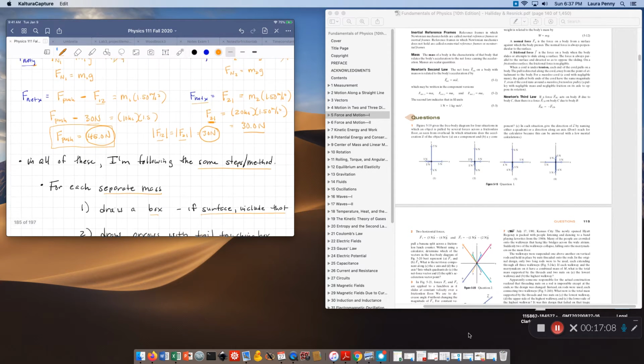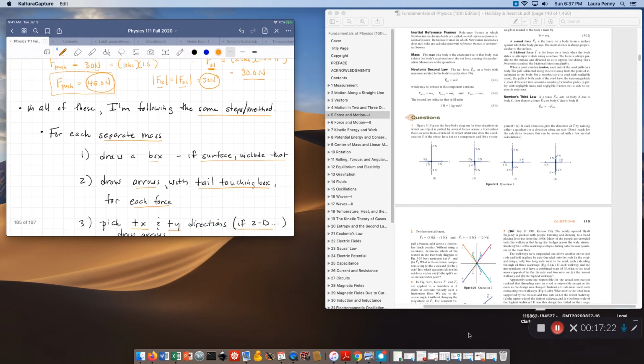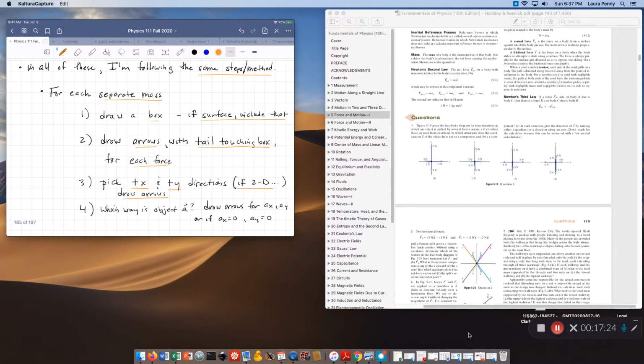You should draw arrows for that, but again, they don't touch the boxes. These are just off to the side. This tells me what I'm calling positive directions. And the last arrows you draw are which way you think the object is accelerating.